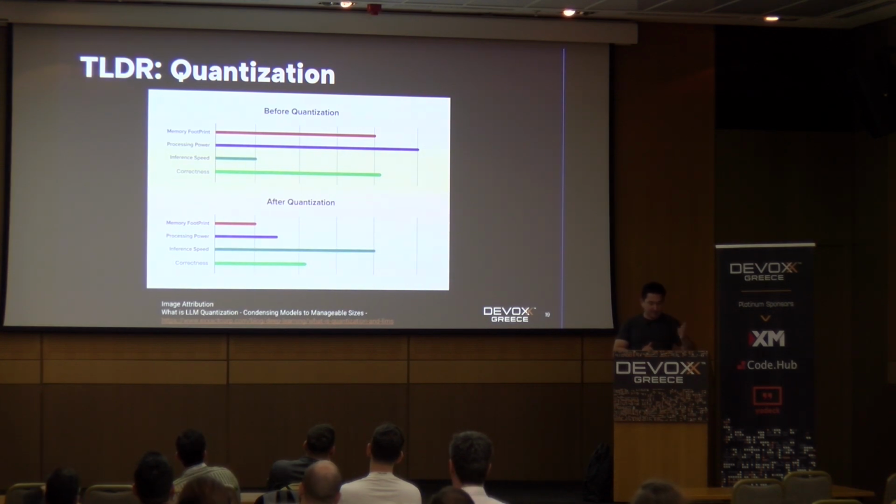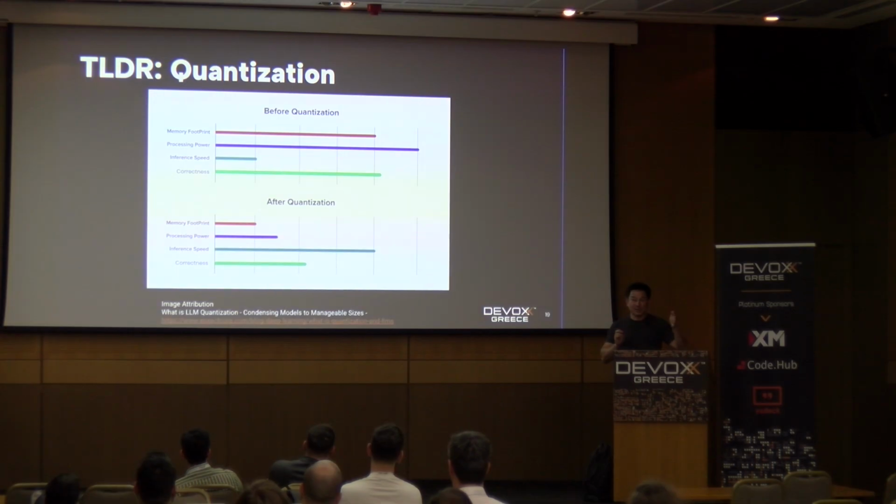So this is like a before and after snapshot. The upshot is that when you quantize a model, the memory footprint is much lower. Floating point 32 is what you normally train a model on.